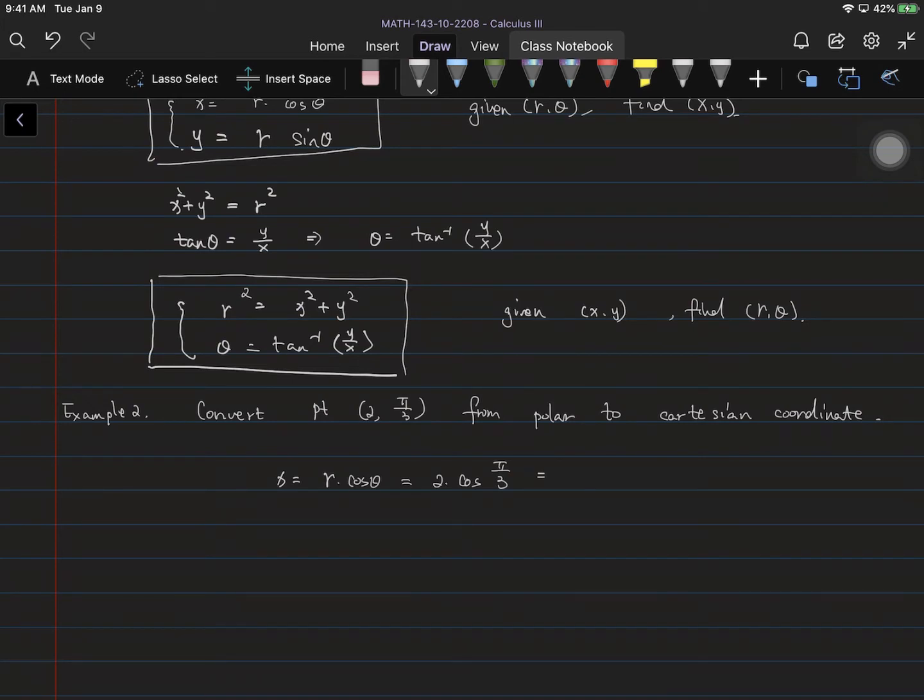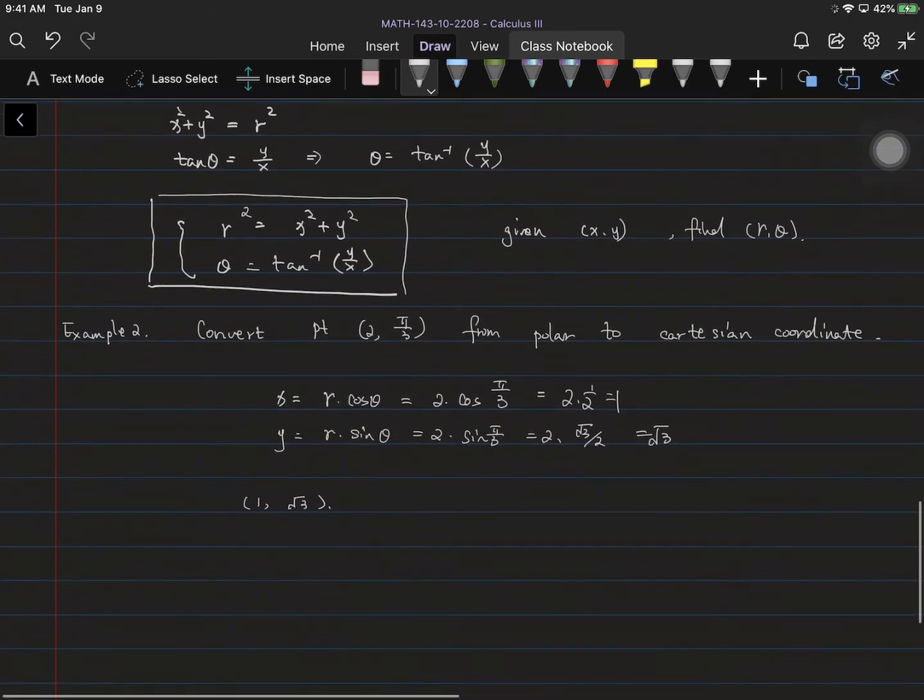So cosine π over 3 is 1/2, so x is 1. y equals r times sine θ. r is 2, sine π over 3 is root 3 over 2, so 2 times root 3 over 2 is root 3. So the Cartesian coordinate is (1, √3). Okay, that's the answer. Let's try this exercise.